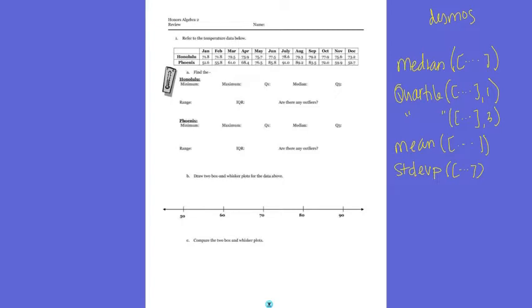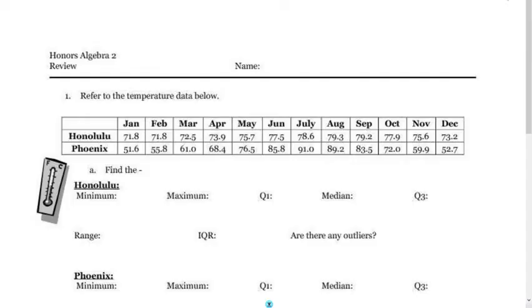You can use L1 and L2 kind of at the same time and just do one at a time. Okay, I guess I'm not zooming in. It will probably make your life a little bit easier if you do that, because you will already have all the data typed in. So that's kind of what I'm going to do, and then just show you how to switch out L1 and L2 when you're ready to find all the info.